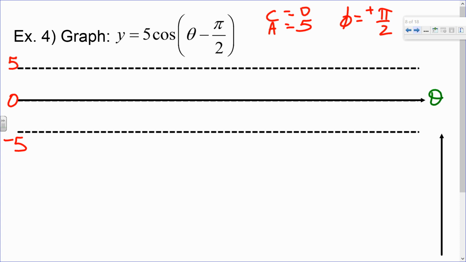A positive cosine graph normally starts where, everybody? At the max. So my first dot is going to be at the max. Do my equally spaced tick marks, center, min, center, max. Let's go the other way. Center, min, center, max. Draw the curve.